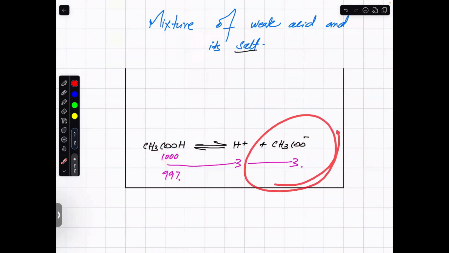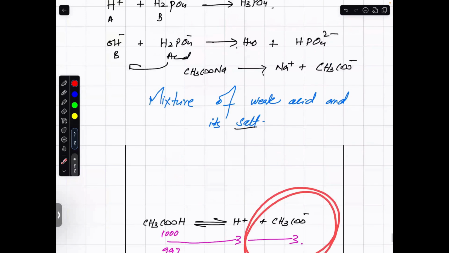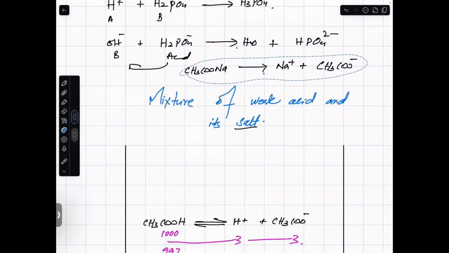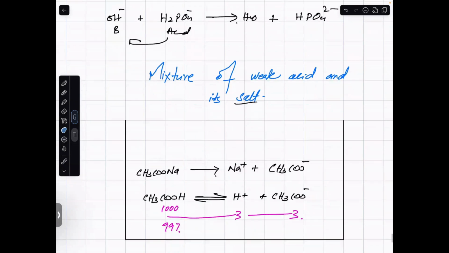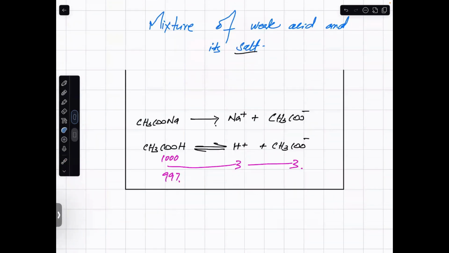To increase the conjugate base, what I did, I will add the salt. And what happened? It ionized completely. When it ionized completely, dissolved completely, there is a large concentration of the conjugate base. That is all coming from the salt.